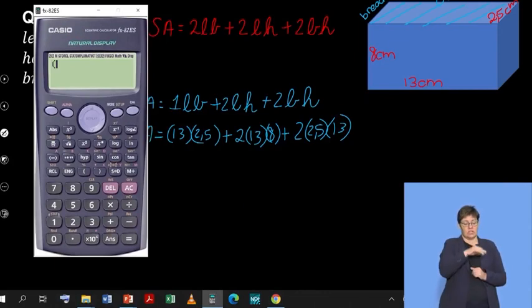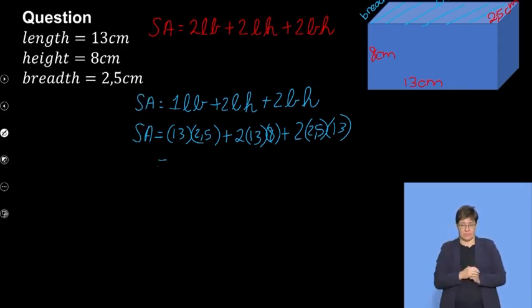So we've got 13 times 2.5 plus 2 times 13 times 8 plus 2 times 2.5 times 13. And I get an answer of 305,5.